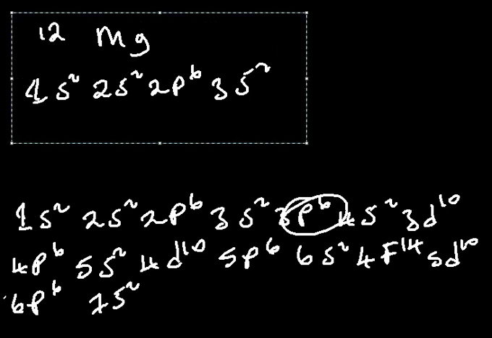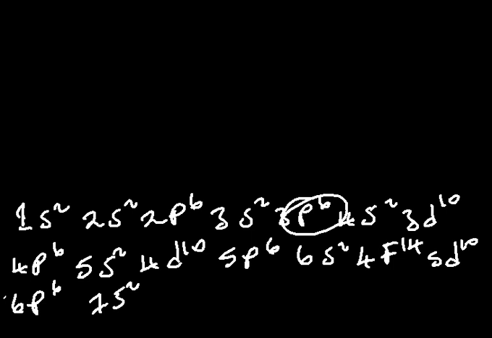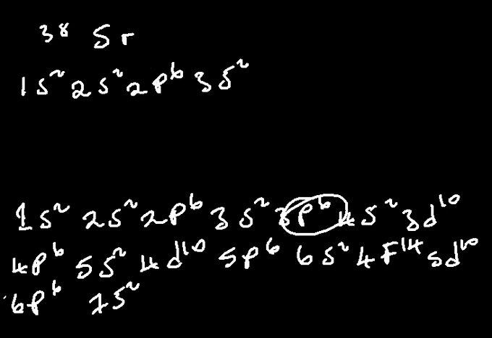And how about strontium, given as Sr, whose atomic number is 38? How do you think we should accomplish that? The principle remains the same. We have 1s2, 2s2, 2p6, 3s2. How many electrons are here? 2, that is 4, plus 6, that is 10, plus 2, that is 12.